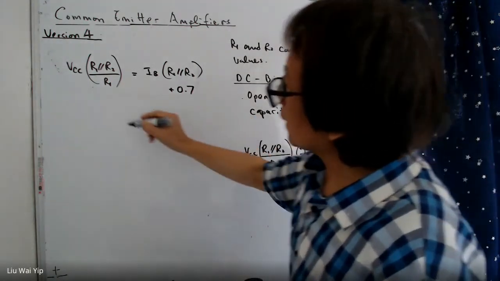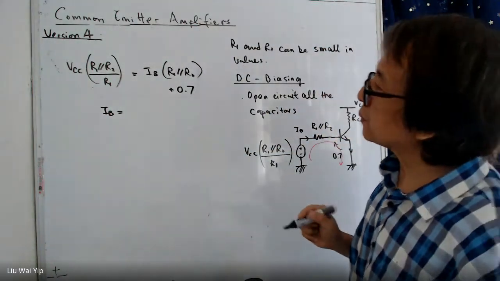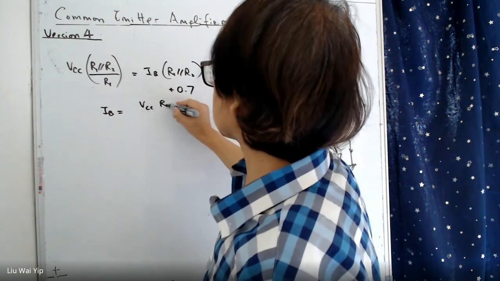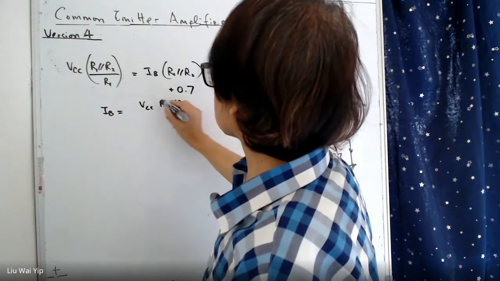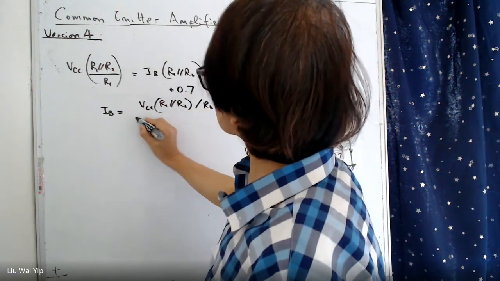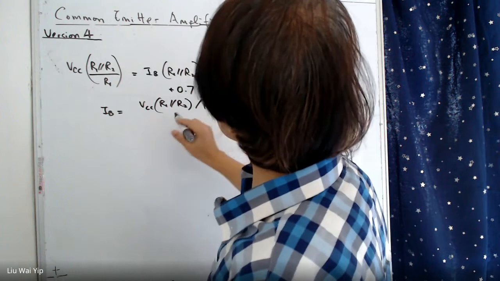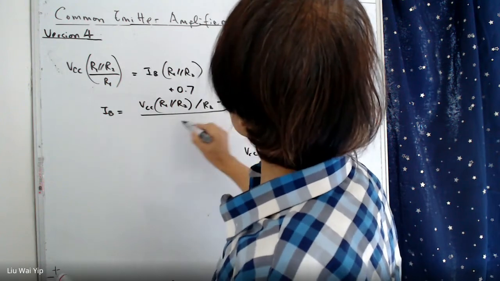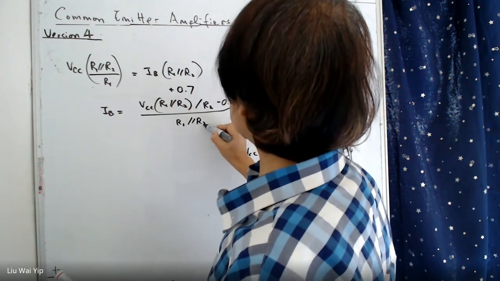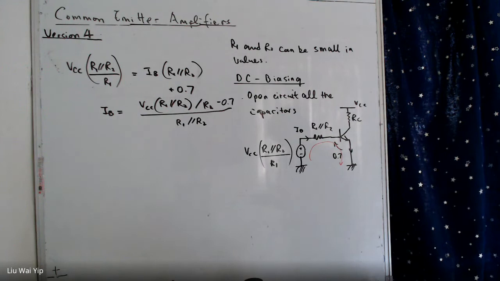This is the DC value. Minus 0.7 divided by... so this is the way we calculate the IB.